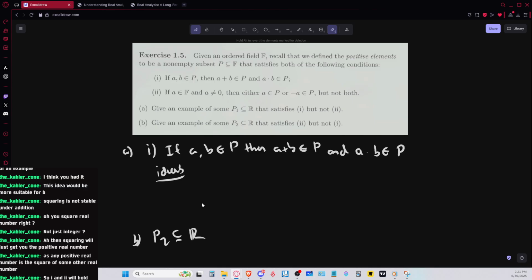When I think about both of them being in P at the same time, the real numbers do contain all the negative numbers. If you multiply a positive and a negative, you end up with a negative, and it's not really both.